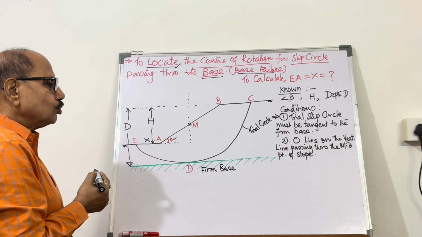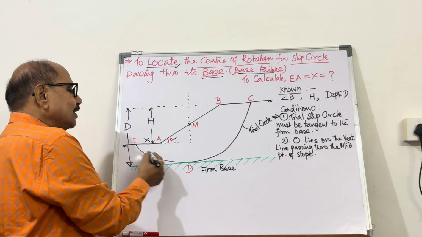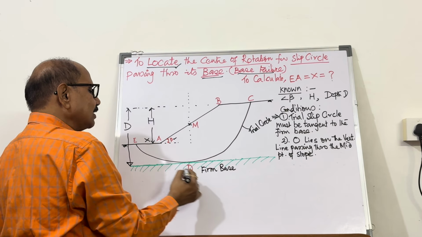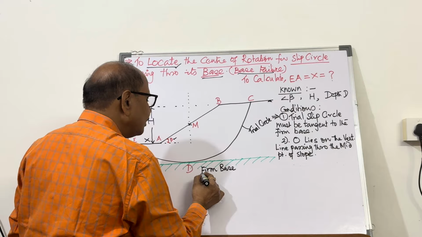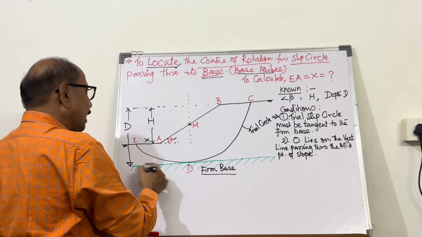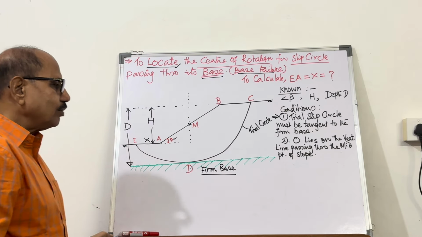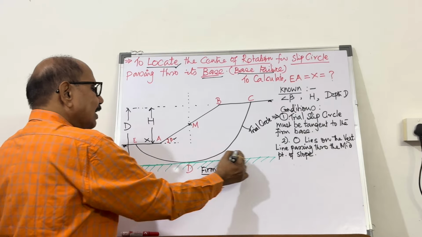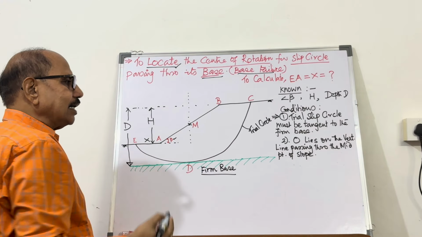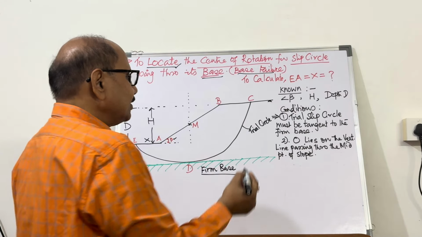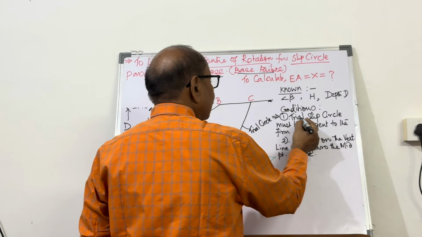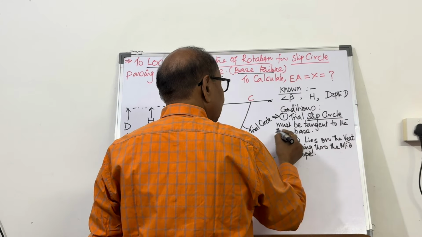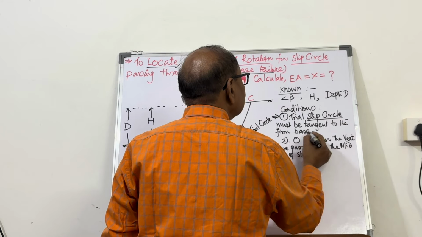So here the slip circle is passing like this, and this becomes the firm base. So that is shown over here by green hashed line. So the first condition that must be fulfilled is our slip circle must be tangent to the firm base.